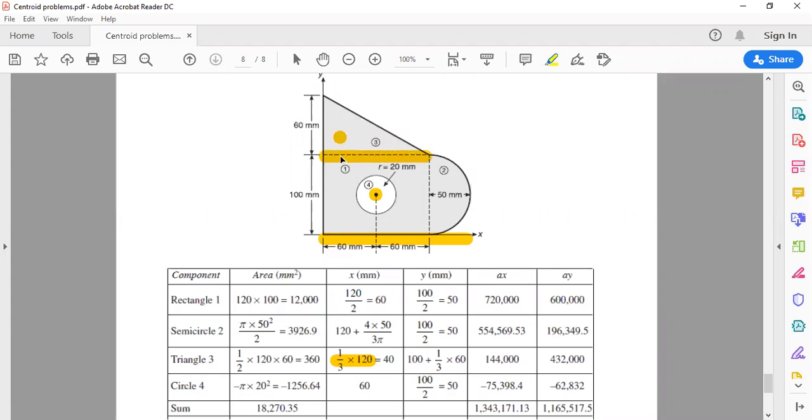So from base to CG, it is one third of height, and here the height is 60. So from reference x-axis to CG of a right angle triangle, it is 100 plus one third of 60. So this will give me the y coordinate. Once we get x and y coordinate, we can easily calculate the required data.